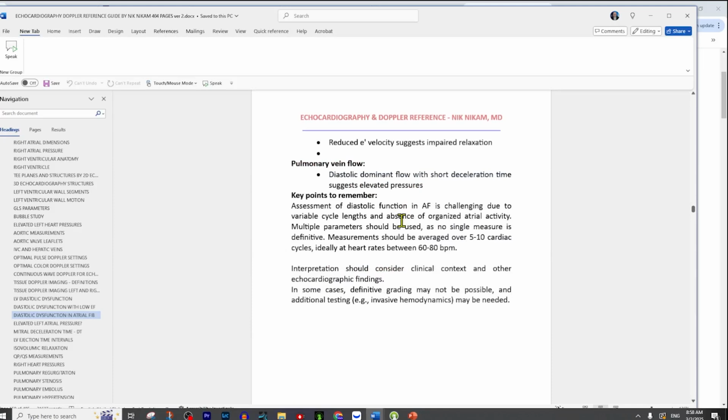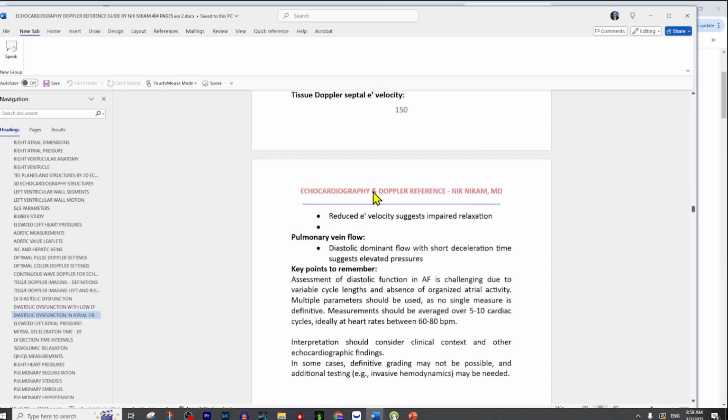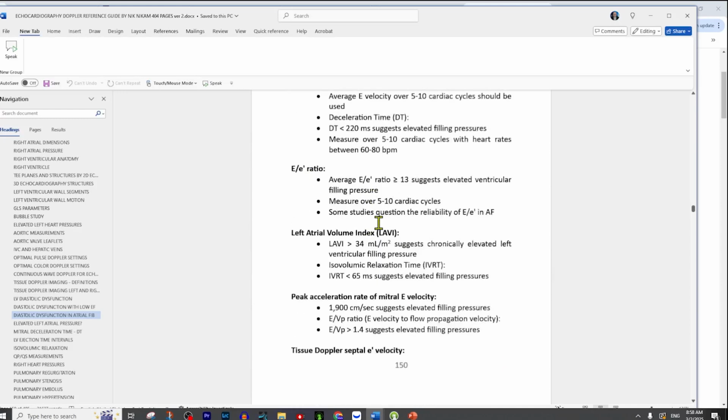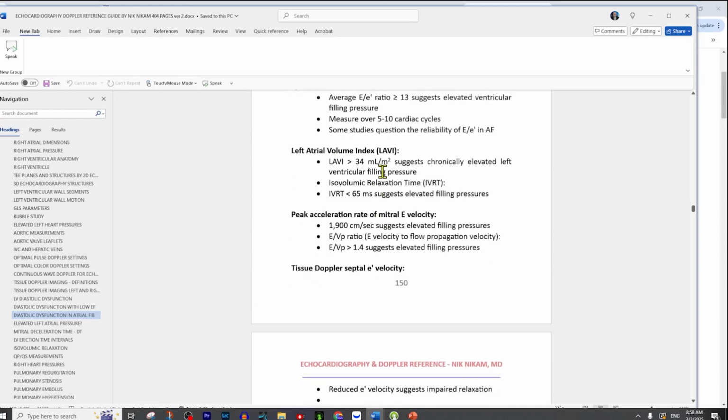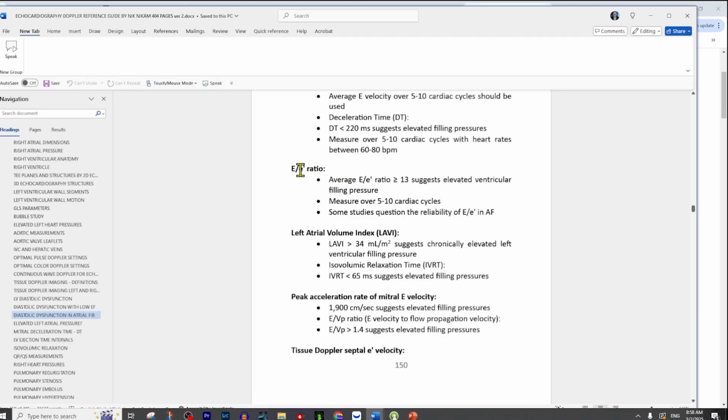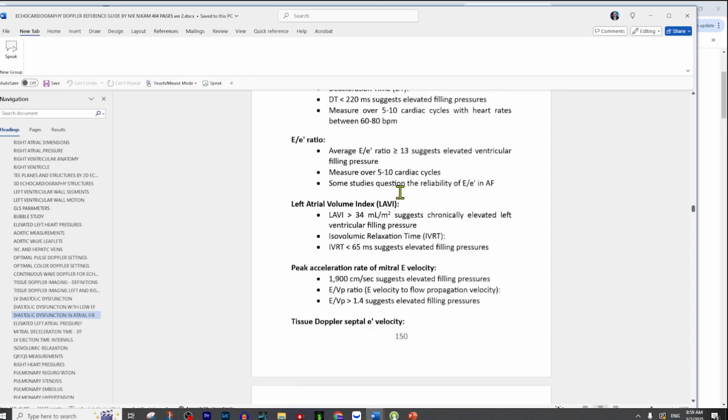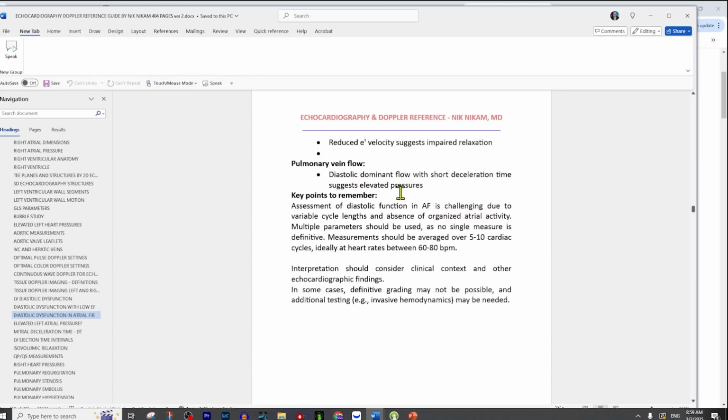One more thing that is not mentioned here is the pulmonary vein flow, in addition to the E to E prime ratio I already talked about. That is an indication, and especially if the E prime wave is less than 6 to 7 centimeters per second, that in itself is an indication of elevated end diastolic pressure or left atrial pressure.